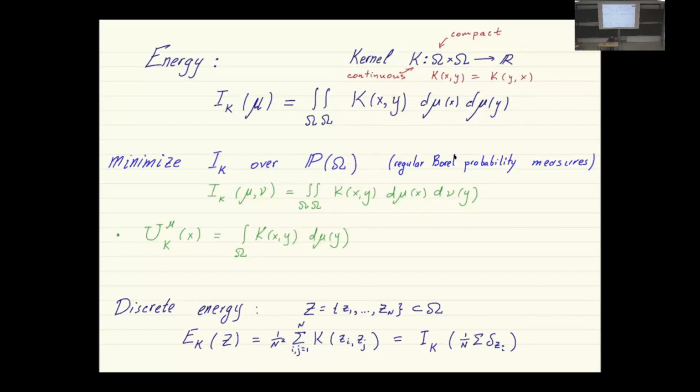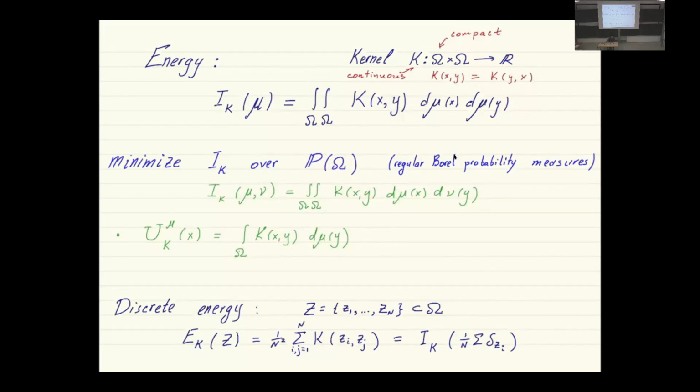And similarly, we will consider discrete energies of this type, and I will usually normalize them by 1 over n squared, if we had a set of n points, just so that this definition becomes compatible with the definition of the energy integral in this sense. So it's the energy integral applied to this empirical measure.